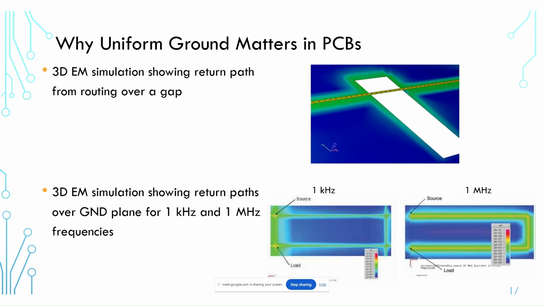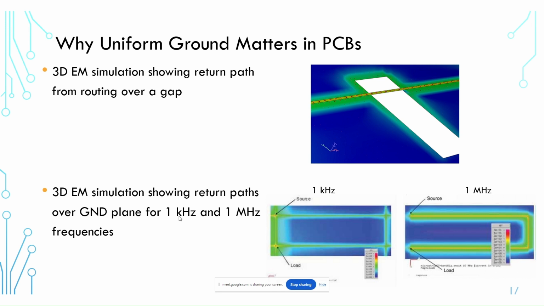Well, analog signals are very often harmonic signals, or they might be a harmonic signal but with comparatively small bandwidth around some carrier frequency. So here in the lower half, what I'm showing is some simulation results, I believe from Bruce Archambault, that were published in the IEEE article. And these simulation results show the return path over a ground plane for a 1 kilohertz signal and a 1 megahertz signal.